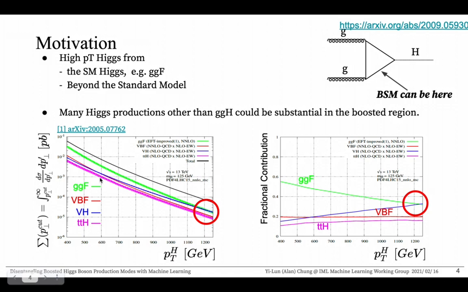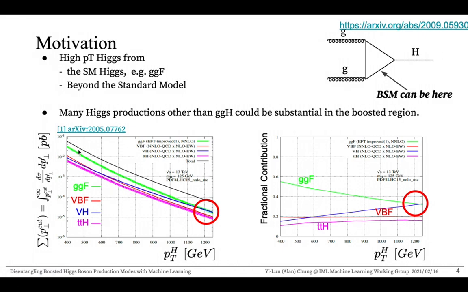There are 4 curves. The green represents the gluon-gluon fusion process. The red is the vector boson fusion process. Blue is the associated production of the gauge boson V and the standard model Higgs. And the pink is the ttbar associated production with Higgs. The black curve is the sum of all the 4 primary production processes.